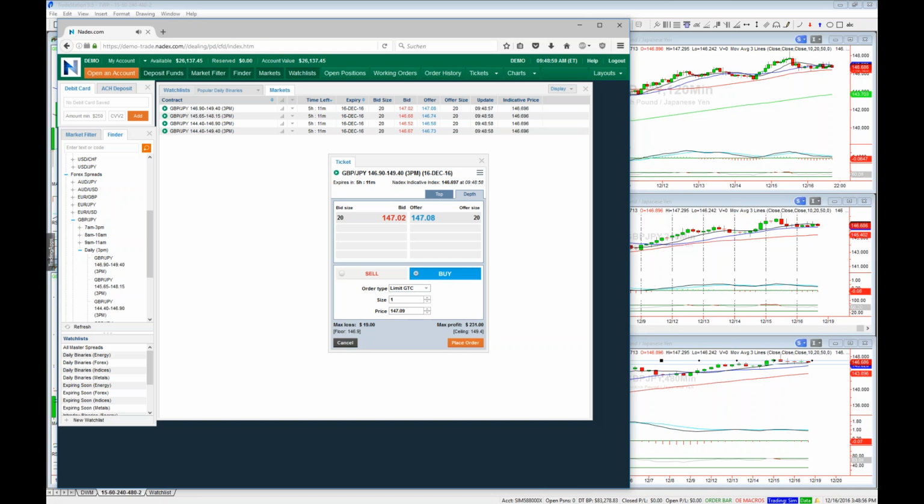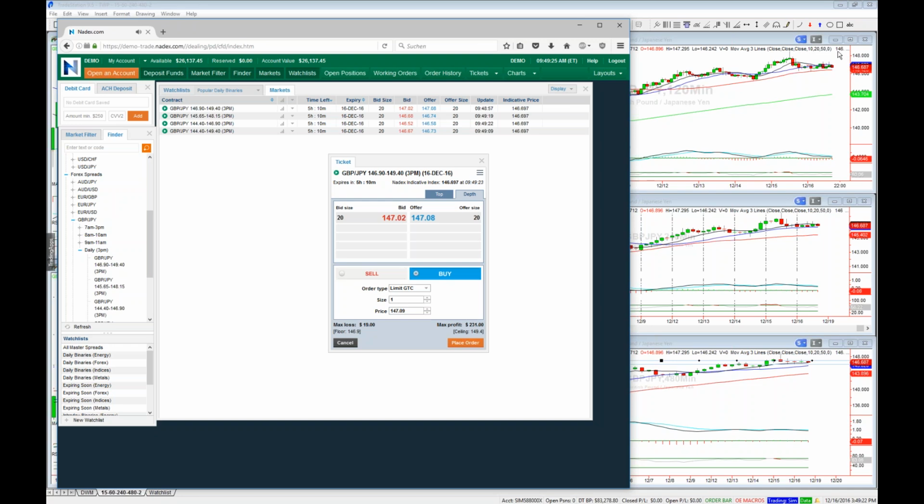Buying one contract of those, maximum loss $19, maximum profit, however, $239. What would have to happen to cash in on that maximum profit? Well, price would have to trade up to the ceiling level of 149.40. So not only going to that old level here, but also shooting beyond.